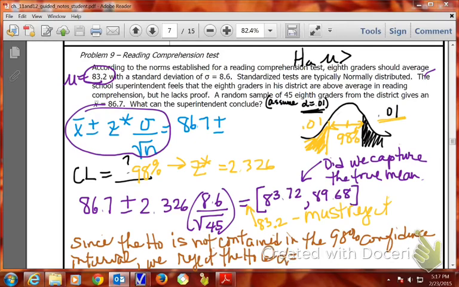Again, must state the significance level. And therefore conclude the mean reading scores are greater than 83.2. So you can see how each one has a little bit different flavor.